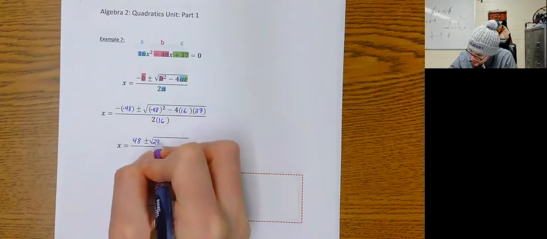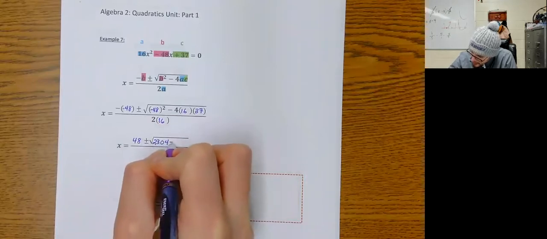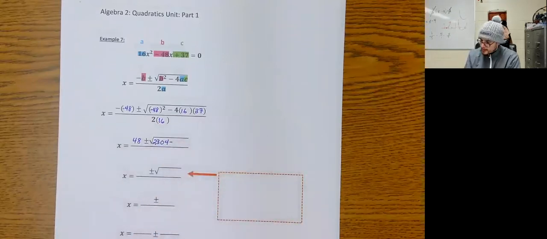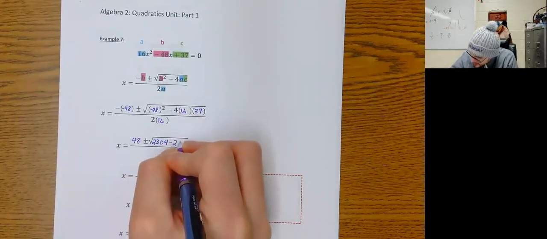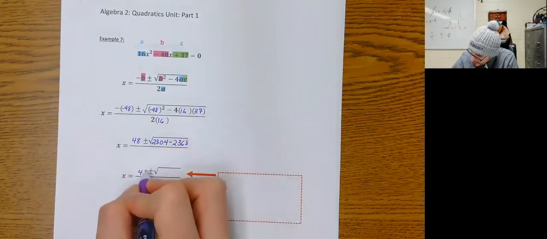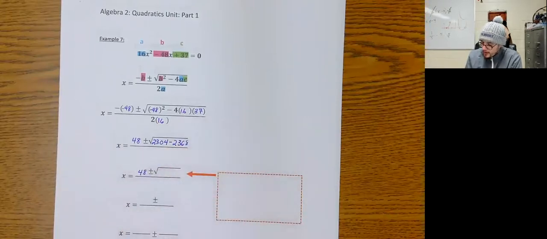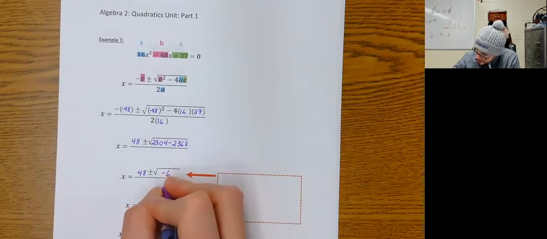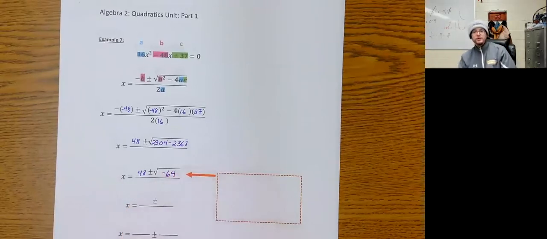We got 2,304 minus 4 times 16 times 37, which is 2,368. So I'm gonna drop the 48. Minus 2304. We get -64. So again, the discriminant is negative.